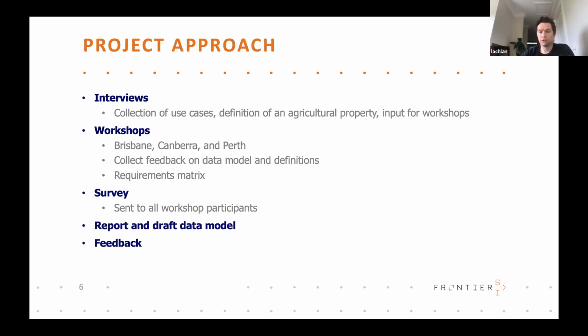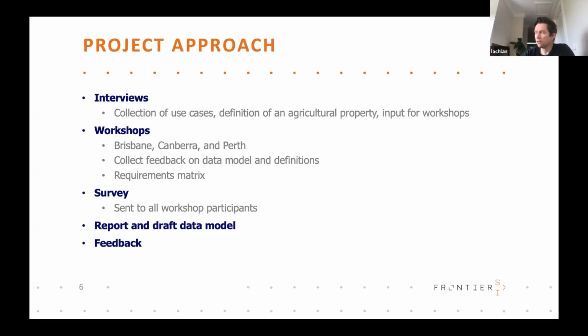For the workshops that we pieced together, going into each one, we already had an idea about the commonalities between the different stakeholders as to what they saw an agricultural property data model being. We ended up with three separate workshops across Brisbane, Canberra and Perth. A large part of it was collecting feedback on the data model and agricultural property definitions that we put together based on the interviews.